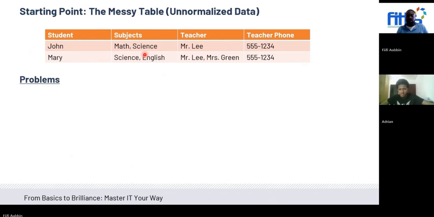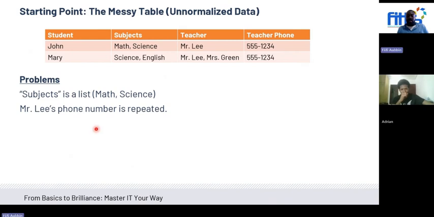Yeah. So the problem you've identified. So subject is a list, math, science, which you correctly identified, and I'm happy for that. And Mr. Lee's phone number, you see, is repeated. But what about Mrs. Green's? It's not here. So this is unnormalized data.